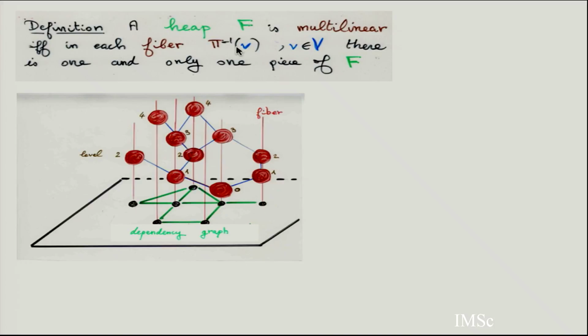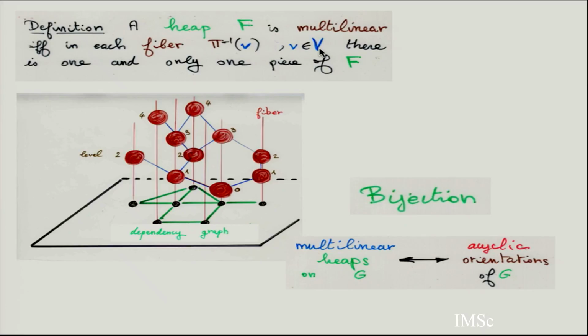So when you project the whole poset on the graph, each vertex appears once and only once. I call this multilinear because in terms of words of the commutation monoid, this is a multilinear word: every letter appears once and only once. So idea number 4 gives a bijection between multilinear heaps on G and acyclic orientations of G. So an acyclic orientation becomes a heap.